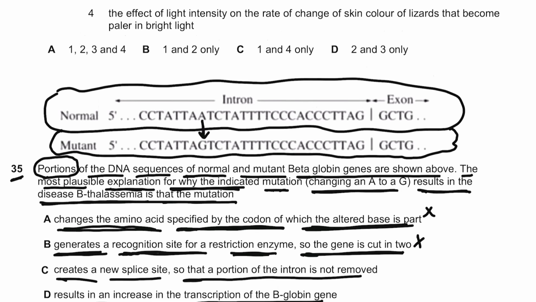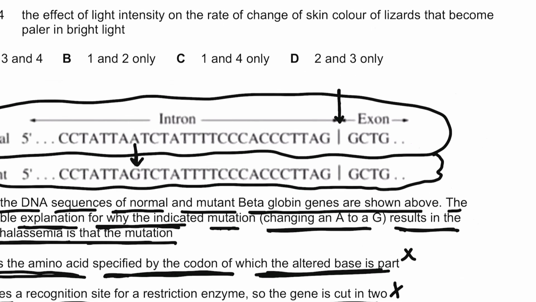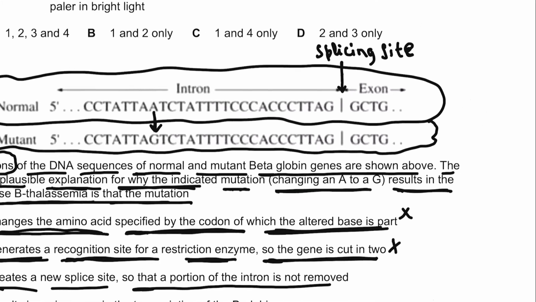Okay guys, if you look at this point, what is this? As I just mentioned in the last MCQ, between intron and exon there is a site known as splicing site, where splicing occurs, where the spliceosome cuts the pre-messenger RNA so that the introns and exons are separated.